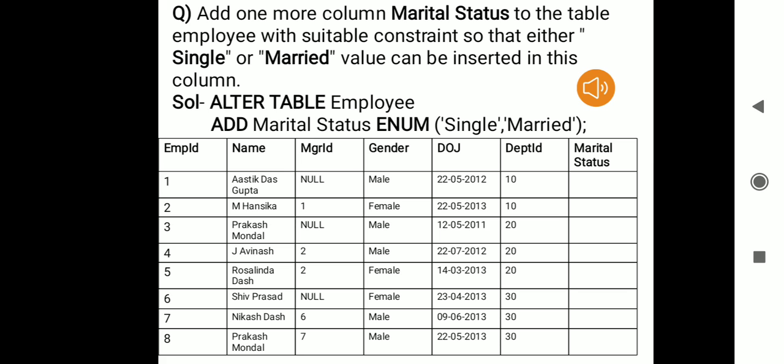Once you execute this query, you will see an extra column called marital status getting displayed on the table employee as shown in this slide. Currently, there are no entries in the column marital status, but values such as single or married can be inserted.